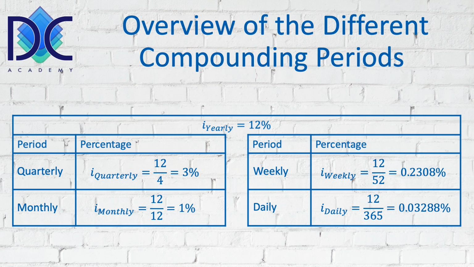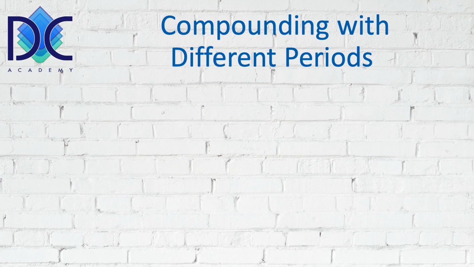Daily would mean that we divide the 12% by 365 days and we find a compounding interest of 0.3288%. Those are small numbers in some cases, but luckily our calculators and Excel and other programs do this without any problems.